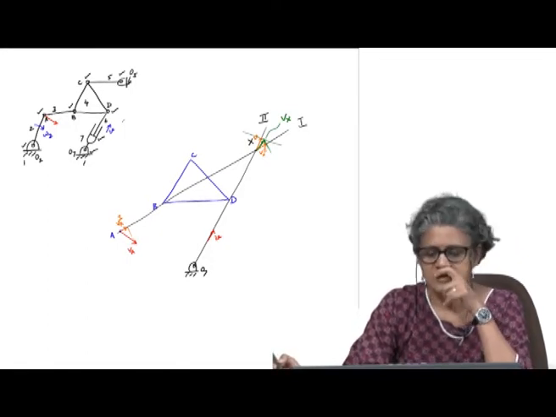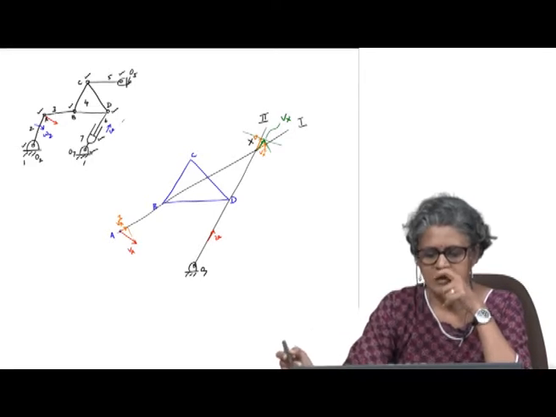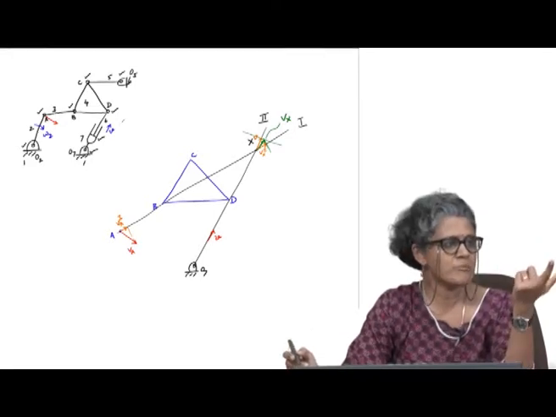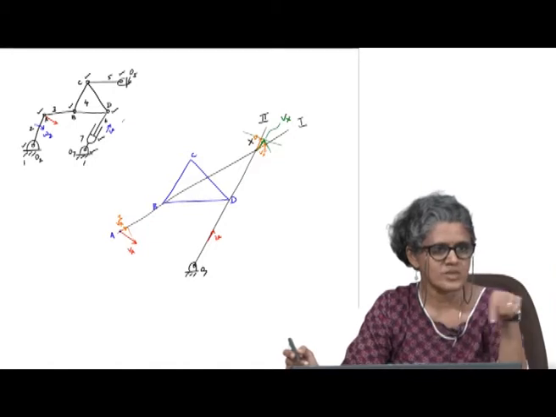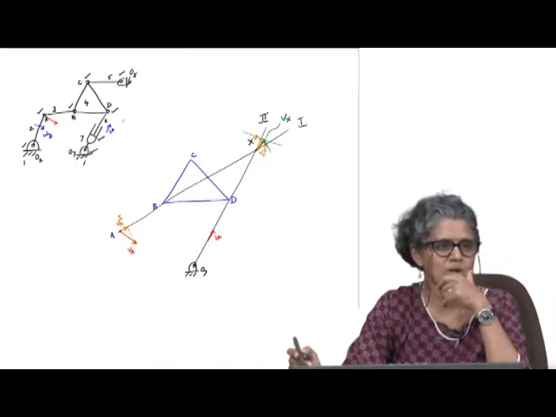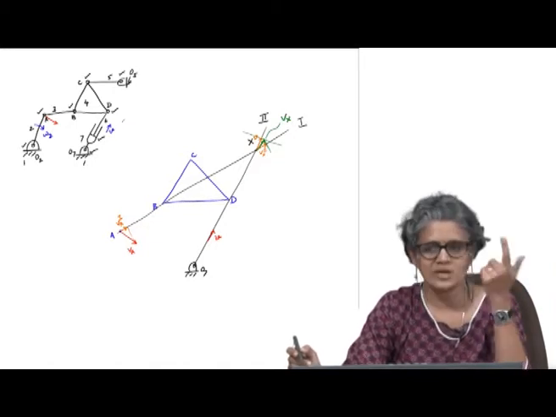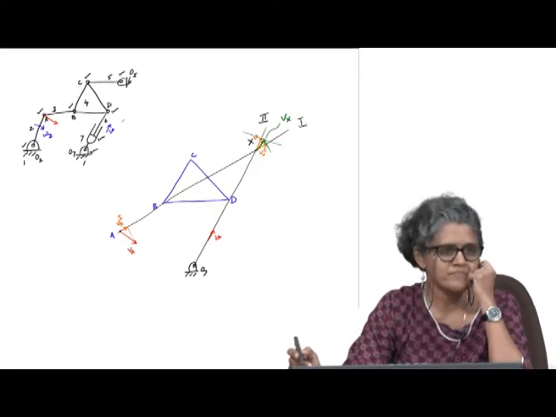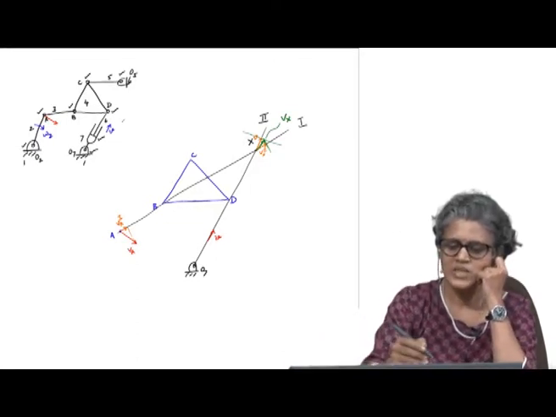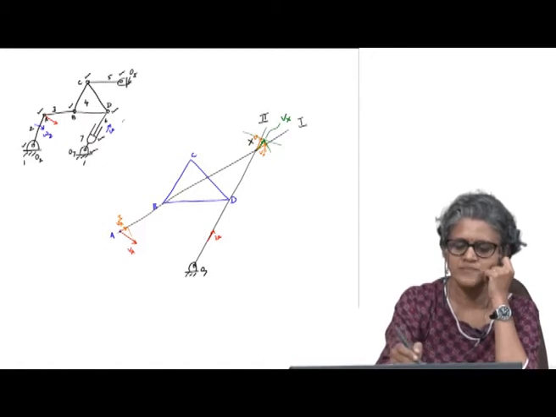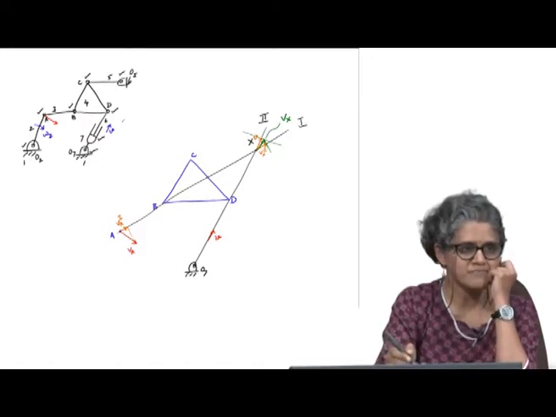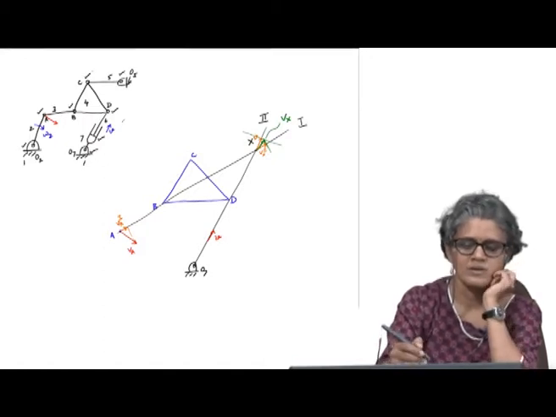So, now I know the velocity of one point on the body, but I still need one more. So, I need one more auxiliary line. One thing that I know is O5C.